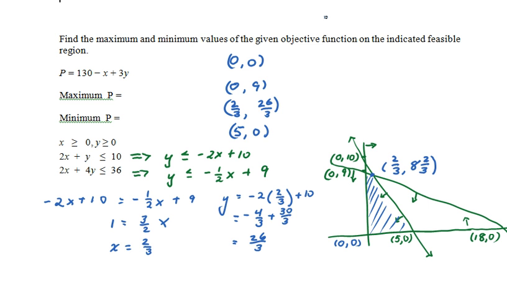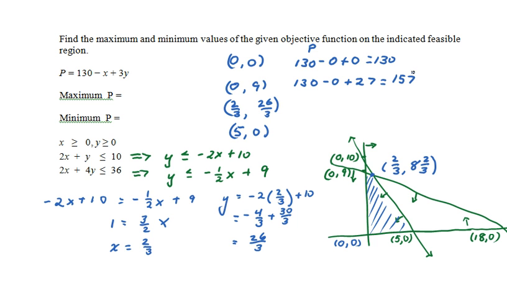And we're going to evaluate the function p. So at (0, 0), we get 130 minus 0 plus 0, which is 130. At (0, 9), we get 130 minus 0 plus 27, which is 157.